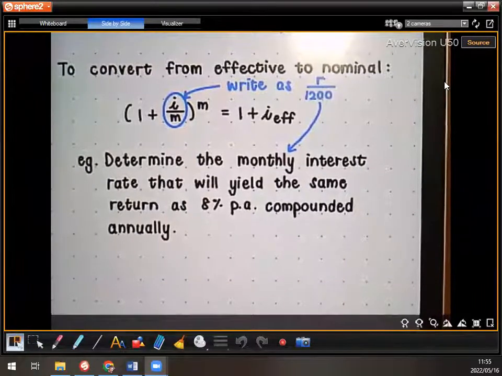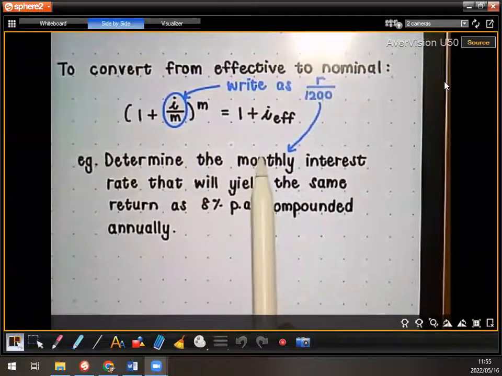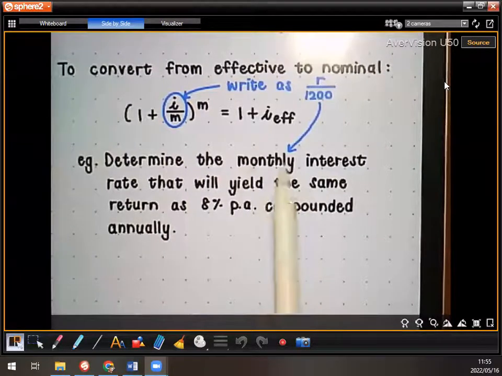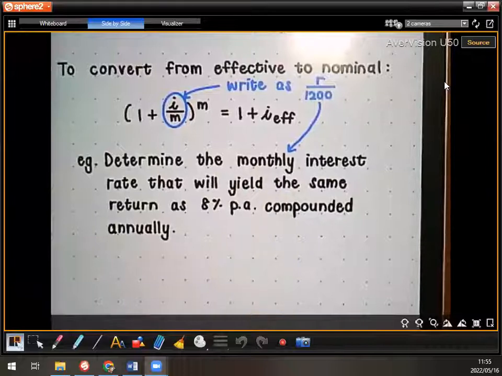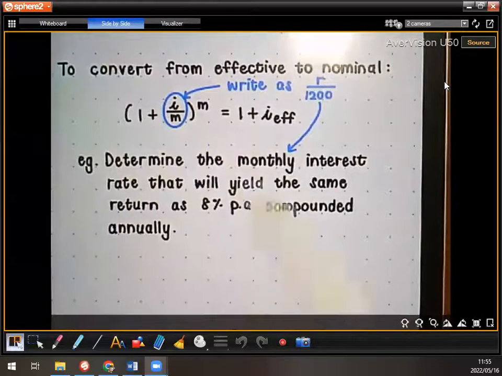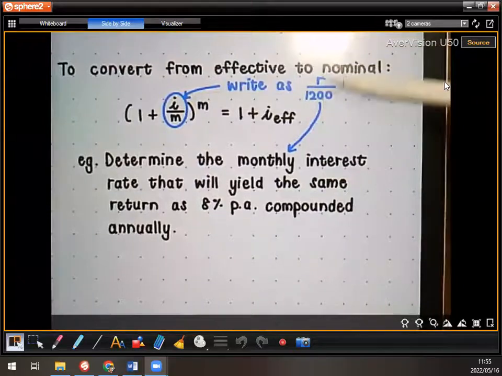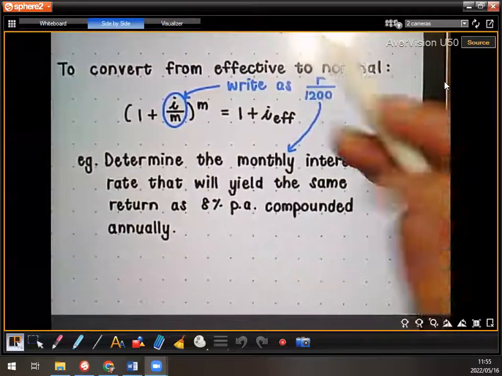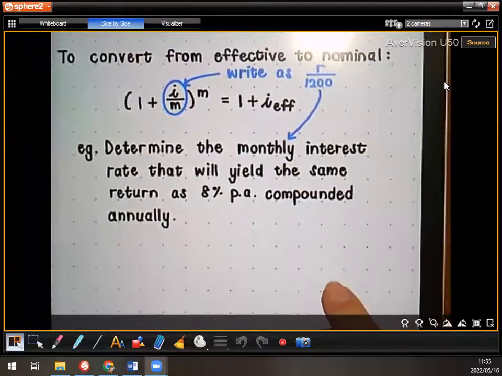If they were asking for semi-annually or bi-annually, which is twice a year, you would write it as R over 200. So you always look at what kind of interest rate they are asking for. Monthly has to be R over 1,200. In your next line, once you've written your formula down and you're starting to sub in your values, we're going to replace that with R over 1,200. It's going to make the rest of the calculation much easier.